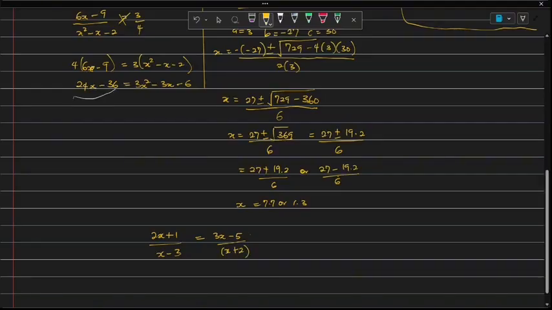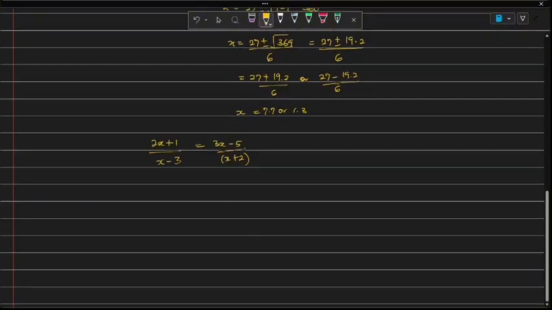Now look at it. This is quite straightforward than what we have been doing before. Why? Because we have one fraction on the left and one fraction on the right. Yeah. So all we just need to do is cross multiply.